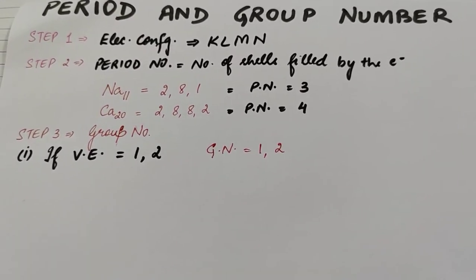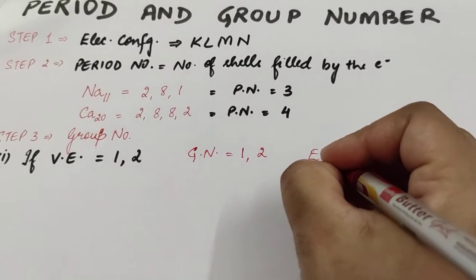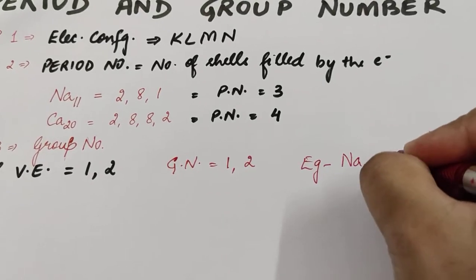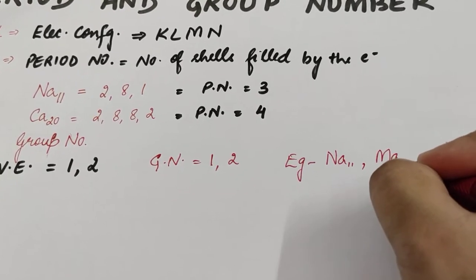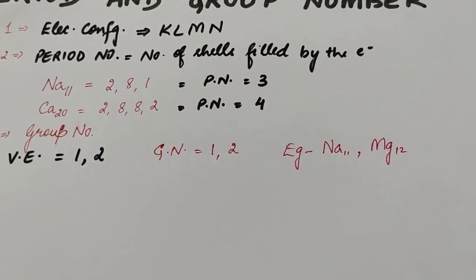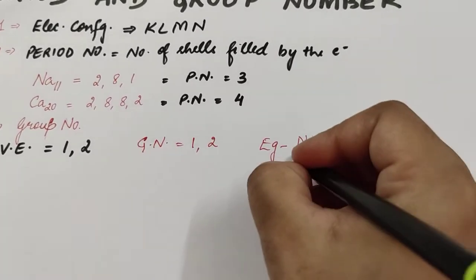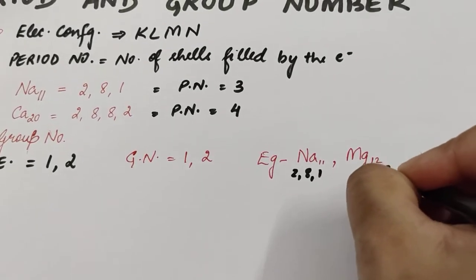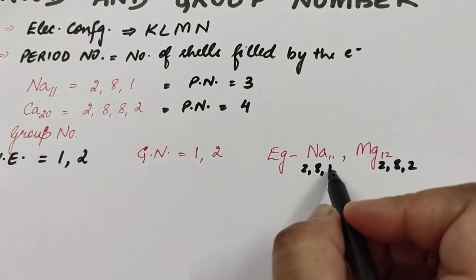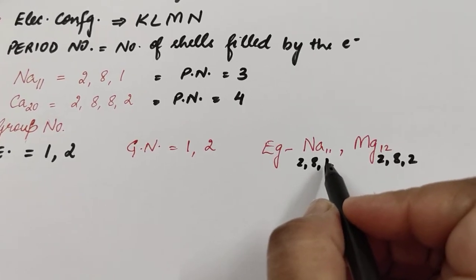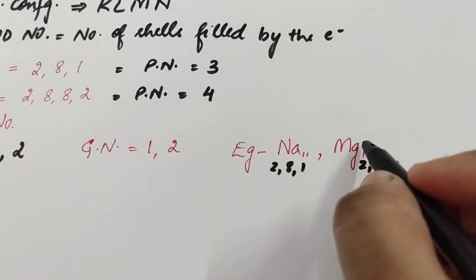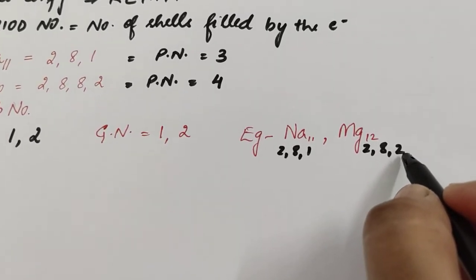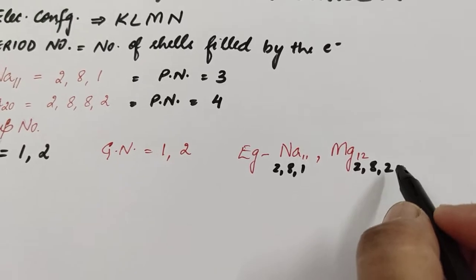A simple example you can take up over here is the same example of sodium and magnesium. You can try it out for yourself. See, sodium is 2, 8, 1 and magnesium is 2, 8, 2. You can see in sodium the valence electron is 1, so this will fall in group number 1, and magnesium, since it is 2, 8, 2, has last valence electron number 2, so it will fall in group number 2.